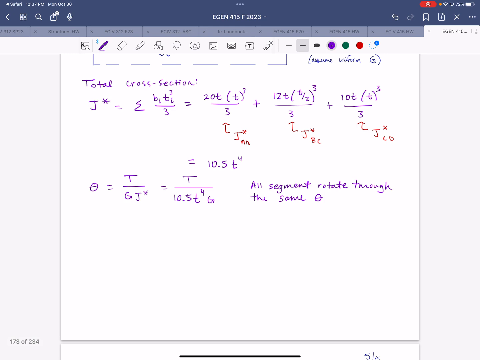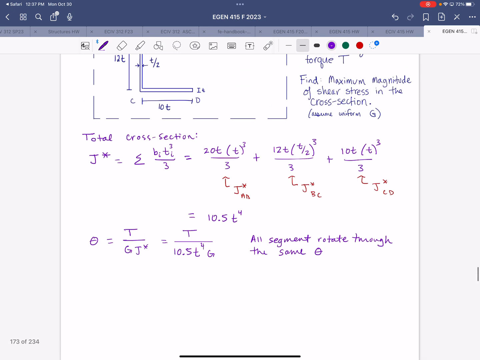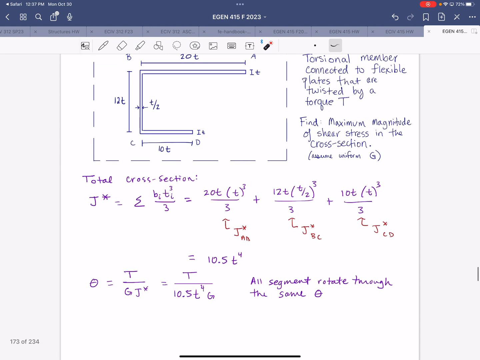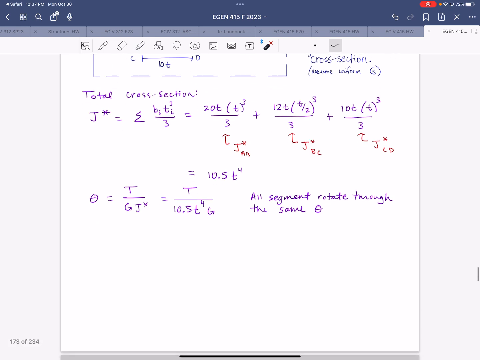So with that information, we can go ahead and find the actual torque distribution in each segment, because it's not going to be equal. Some of these pieces are going to take more torque than others, and that will determine the shear stresses in each segment too. It's all interrelated: the torque, the shear stress, and the J star.